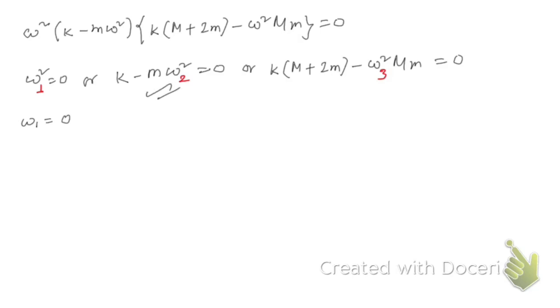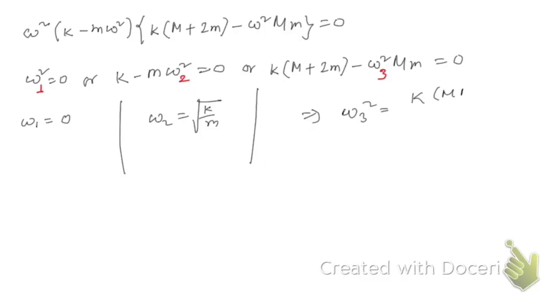From the next part, omega 2 square is going to be equal to K by M, so omega 2 is root over K by M. And from the last part, omega 3 square is equal to K times capital M plus twice small m, divided by capital M into small m. So omega 3 is root over, it can be written this way, just give me a second.